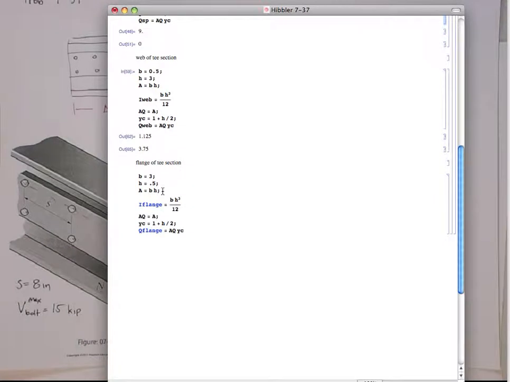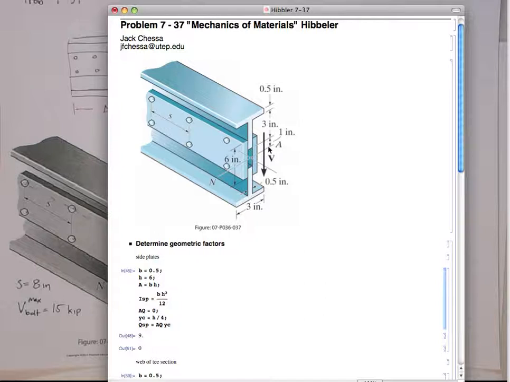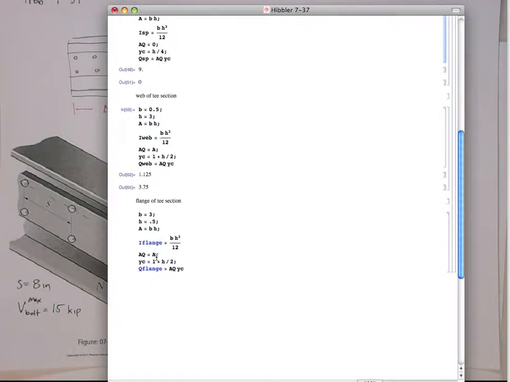So that's the base and the height. The area is still the same. This is the I of the flange. That's correct. The area we're going to use for Q is the total area. Now the distance to the centroid is going to be 4 inches plus a quarter, so it's 4.25. All right. And these are the values.